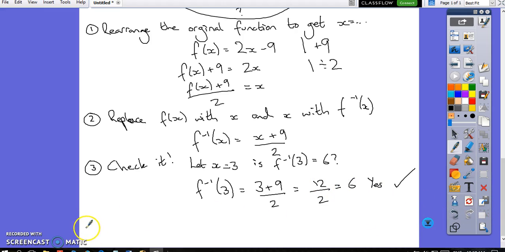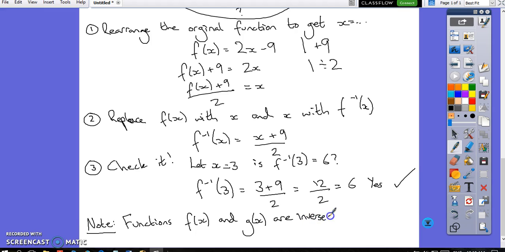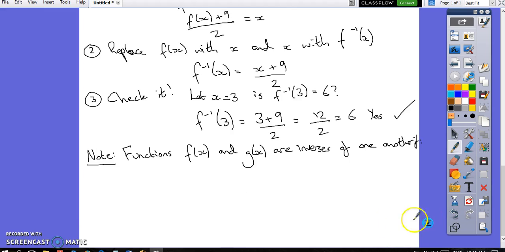So, functions f of x and g of x are inverses of one another if we apply f to g of x, we get back to x for all x in the domain of g.